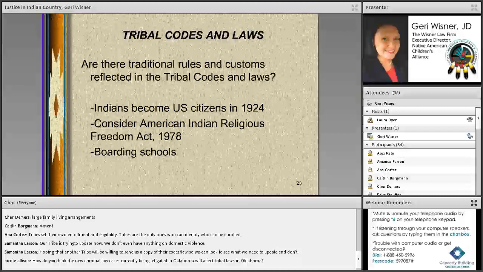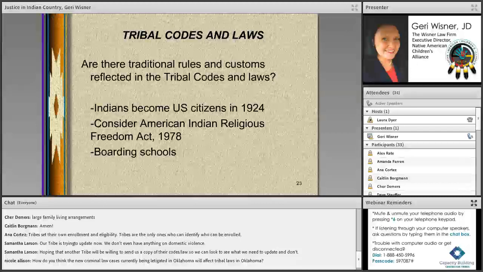And in many of my tribes and courts where I work, they are not. And I say that, and I included a couple of caveats. Recognizing that Indians became citizens in 1924. The Indian Religious Freedom Act was enacted in 1978.